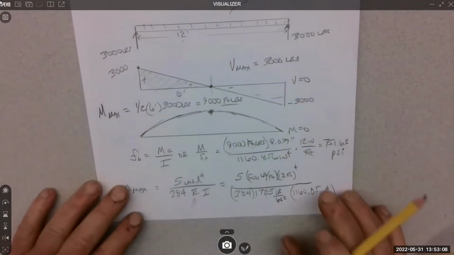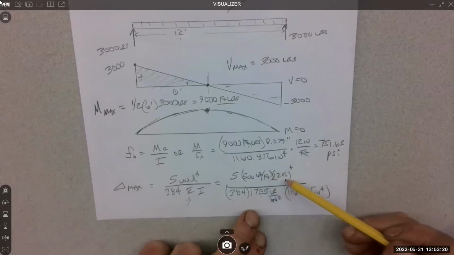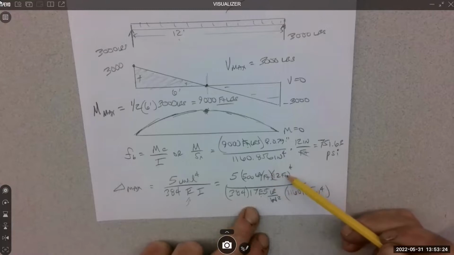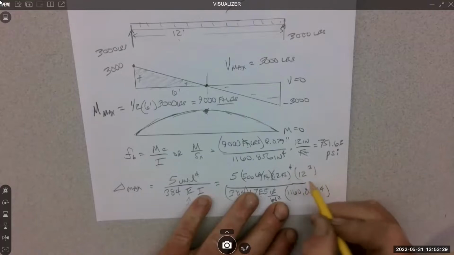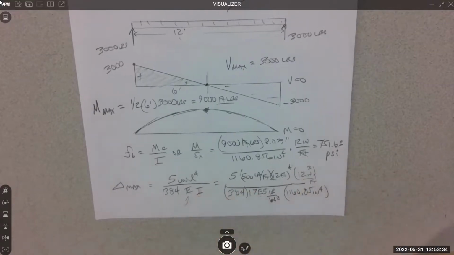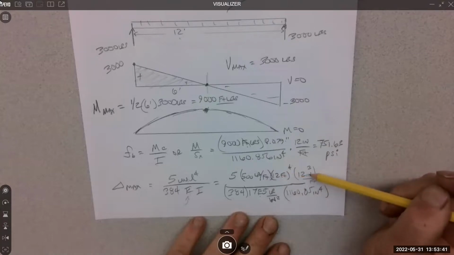So lots of stuff going on here, lots of moving parts. We know in the end, we're going to want inches of deflection. That's good. So that means the feet got to go away. And there's a bunch of feet here, right? Feet to the 4th, feet down below. So really there's feet to the 3rd. So I need a 12 to the 3rd inches per foot for the conversion to get these feet to inches.